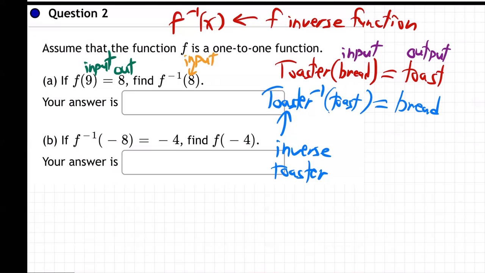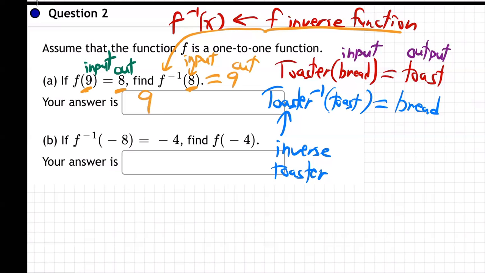This is the inverse function right here, f inverse. This -1 power thing means inverse. So if you put in a 9 and you get out an 8 from the normal function, then vice versa, if you put an 8 into the inverse function, what's coming out? 9. The answer is 9.